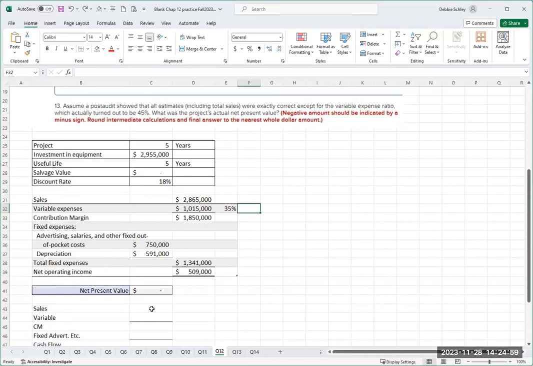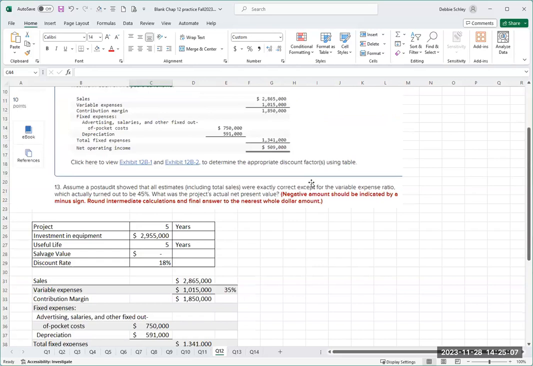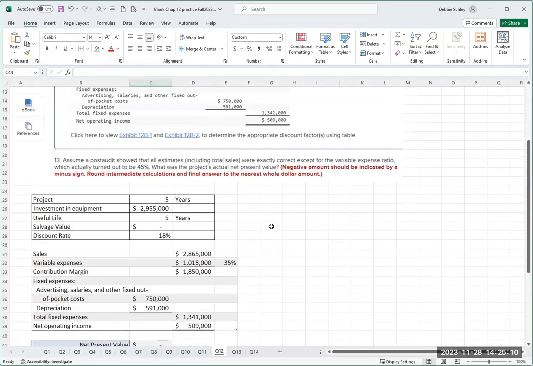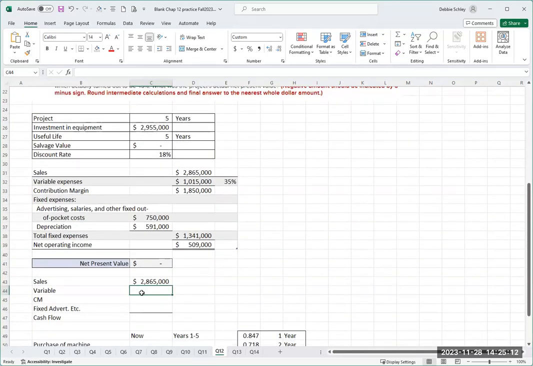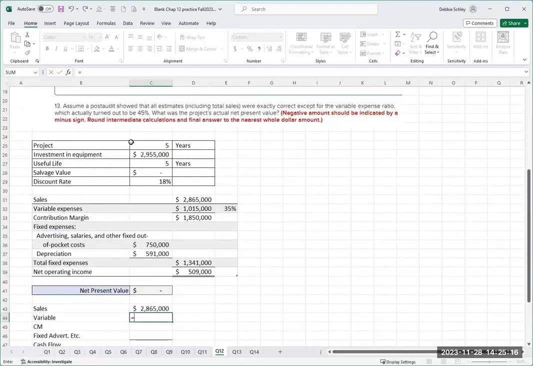And so sales, they said was exactly right. And again, these are the numbers that they gave me up here. But my variable expense is going to be different. It's going to be what they say, 45%. So I'm going to take sales times 0.45 to get the new variable, right? See, that was my previous variable expense, but now it's this.